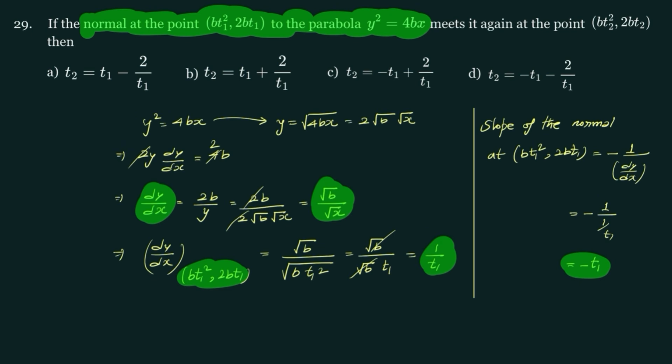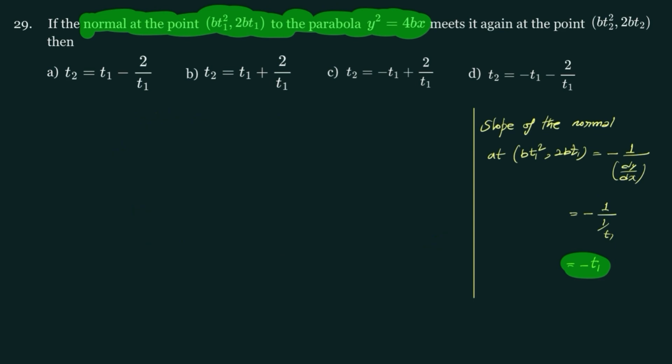Now let us write the equation of the normal. We know the equation of normal, y minus y1 equals minus 1 by dy over dx times x minus x1.